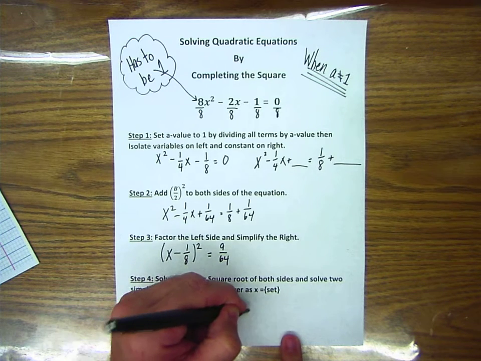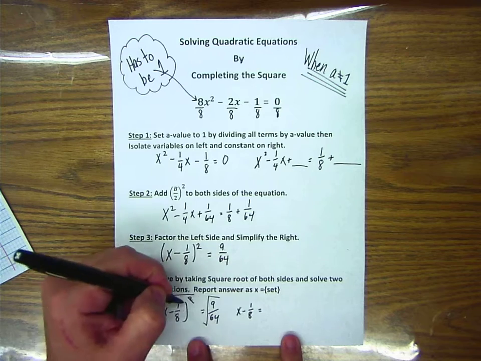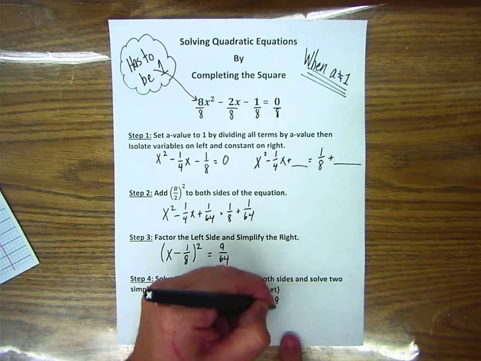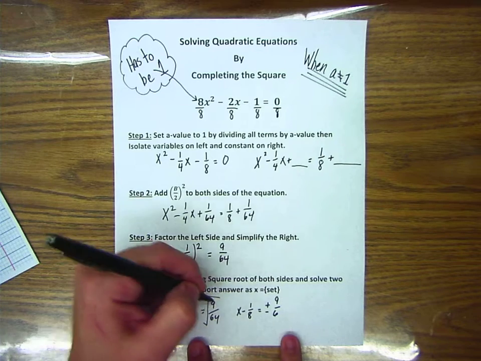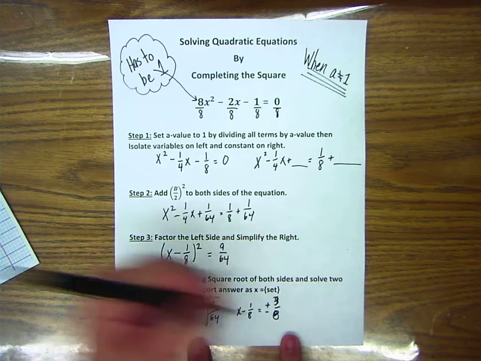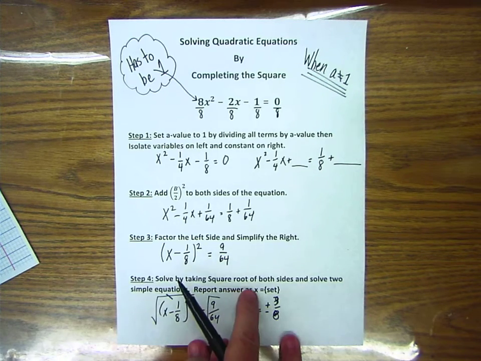So I get x minus 1/8 is equal to the plus or minus square root of 9/64, which is the square root of 9 over the square root of 64, which is 3/8. And then I've got two equations.